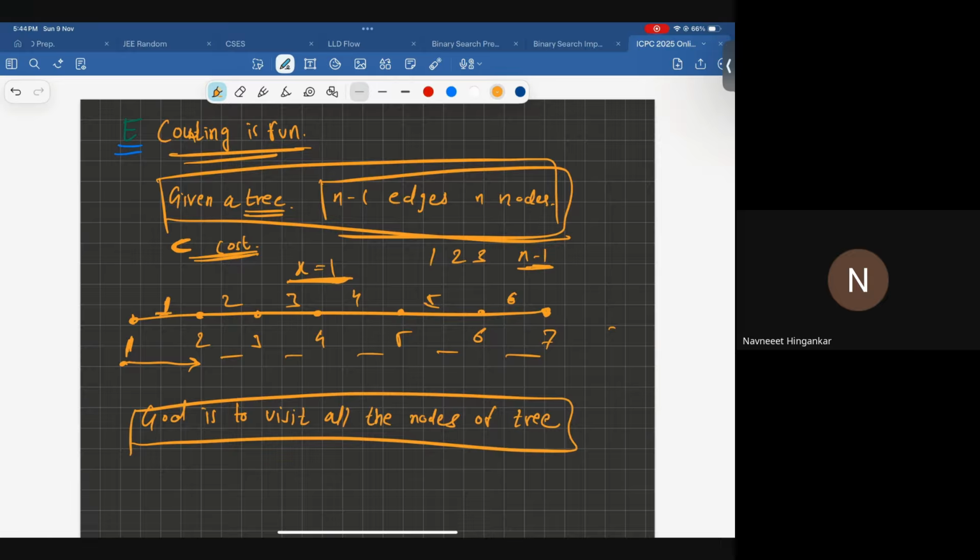Here my value was 1 and it is matching with x equal to 1, so before that, to move towards 2, I need to increment x from 1 to 2. Then we start moving from 2 to 3. My x value was 2, so again I am forced to increment x from 2 to 3 to move from 2 to 3, because the value is matching.